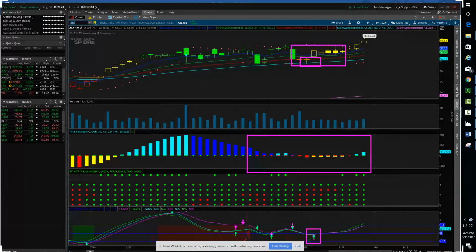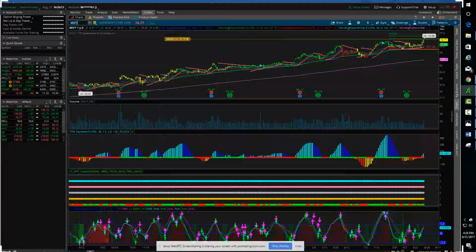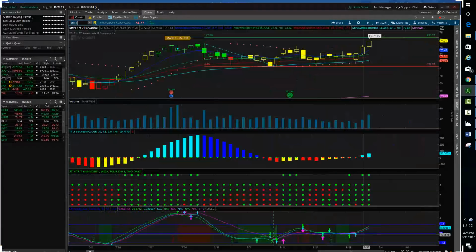Anyhow, when I saw this, Neil actually pointed it out in his stock pick, and hey, XLK, way to go. So then I say to myself, all right, Microsoft is in XLK. And I looked and I saw, hey, look at this, Microsoft has a squeeze as well. When they both move in conjunction together, it makes the move stronger.